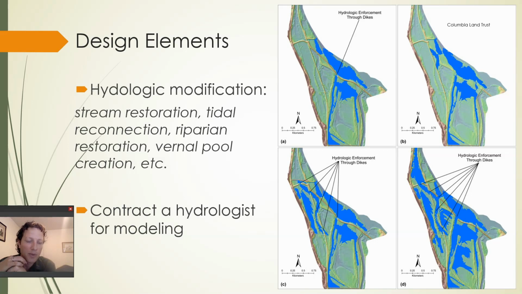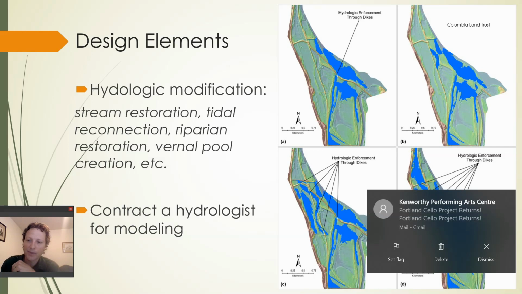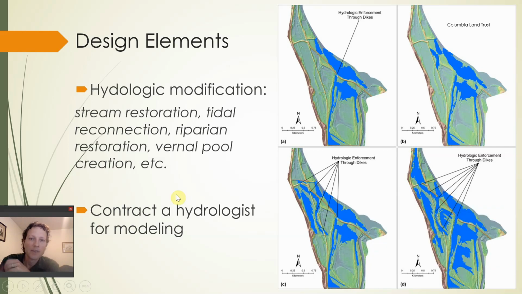Okay, so a lot of my work has to do with hydrology. So the design elements do need to assess and address hydrology in most cases. For example, if you're going to do any hydrologic modification on site, you might need to contract a hydrologist to do some modeling to understand where water is, where it goes under different conditions, maybe seasonally or under extreme events like hurricanes.